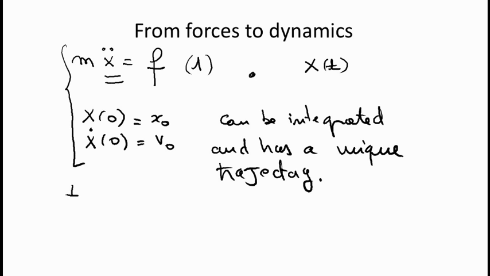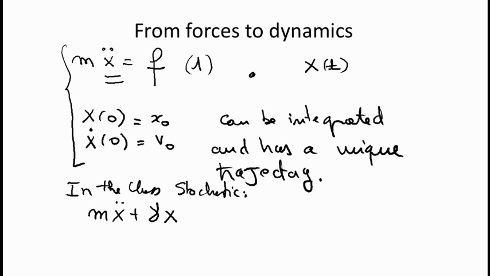In our class on stochastic equations, as we will see in the future, we have what is called the Langevin equation, where you have the mass times the acceleration, plus the friction term, gamma multiplied by the velocity, plus some forces, equals a stochastic process.